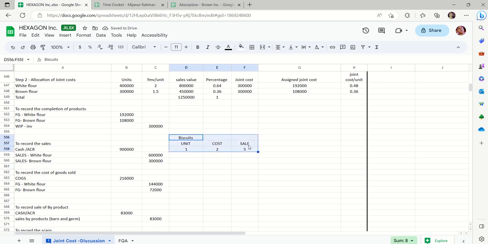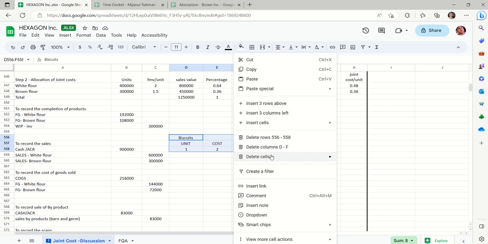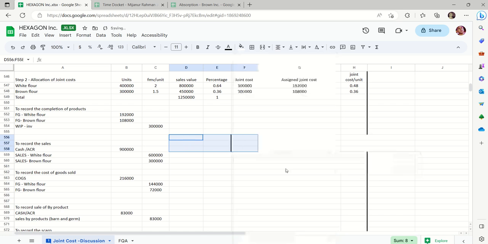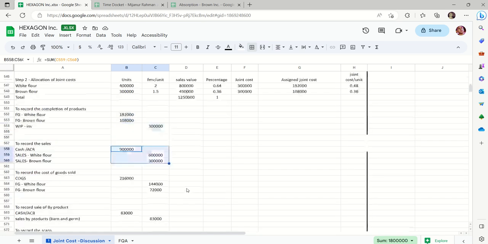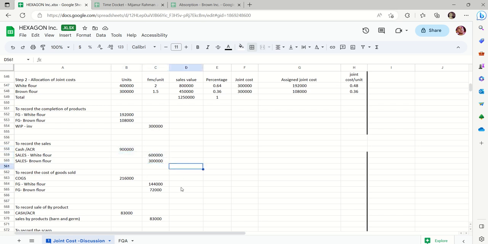You sold it for $5, right? Same way, this 900,000 is your sales. This is the money you got from the customer, right? But you literally sold 200,000 units.